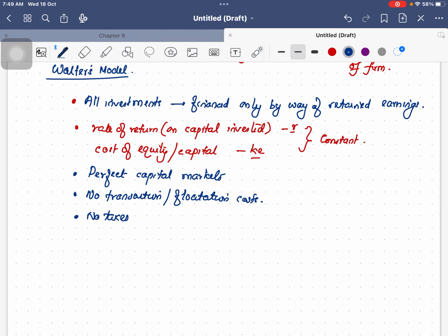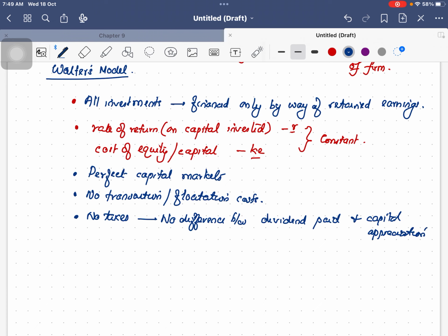No taxes means no difference between dividend paid and capital gain or capital appreciation from a tax perspective.